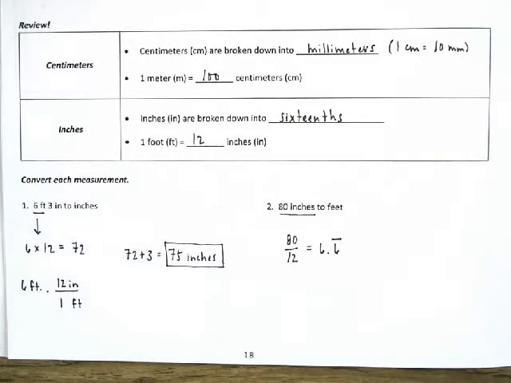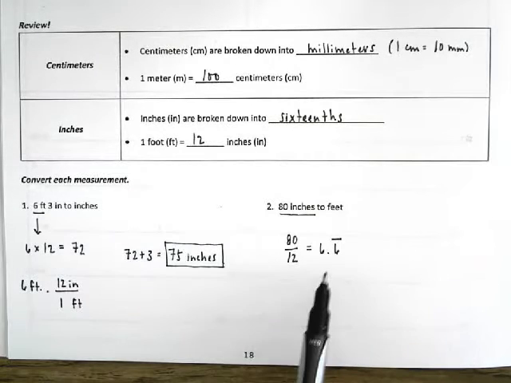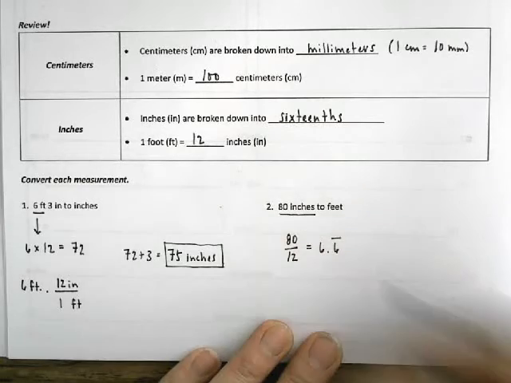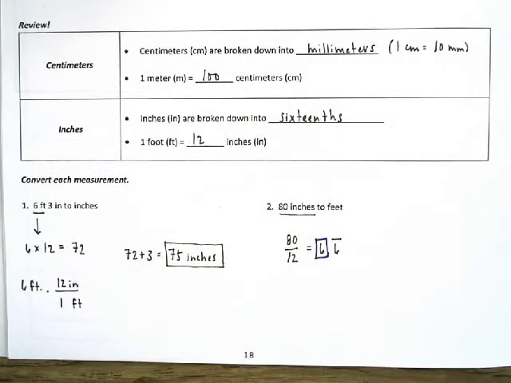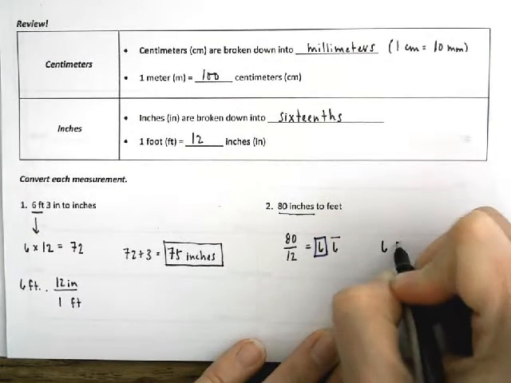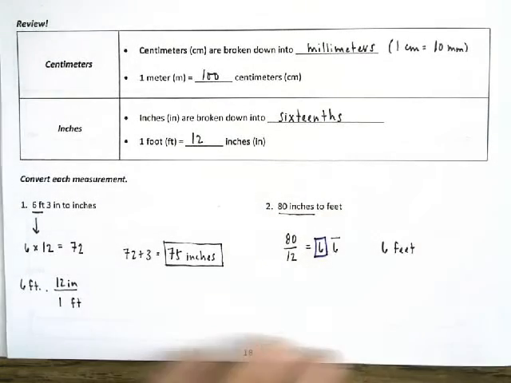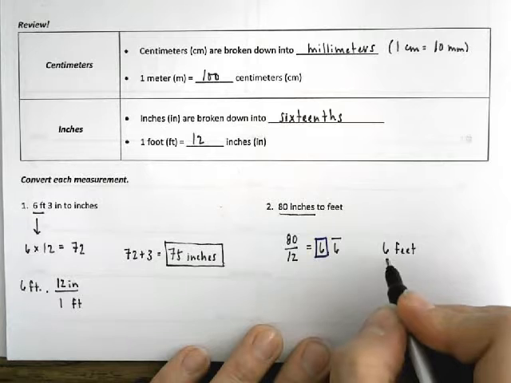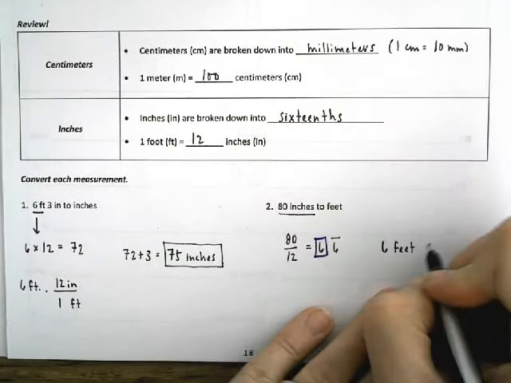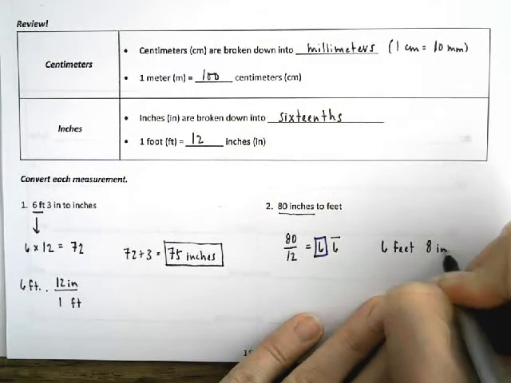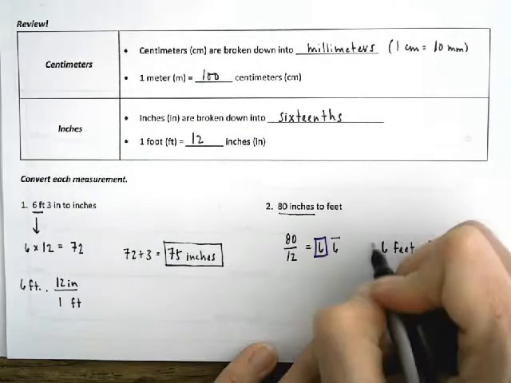Now, I don't like calling that 6.6 feet because feet aren't broken down into tenths. So here's what we're going to do. We know the whole number, so we're going to take this whole number part. I know I've got 6 feet, and then I've got some inches left over. I know that 6 feet would make up 72 inches. Since I have 80, I have 8 inches left over, so it's going to give me 6 feet and 8 inches.